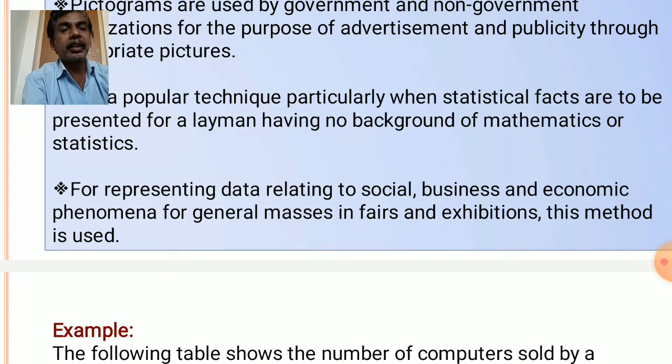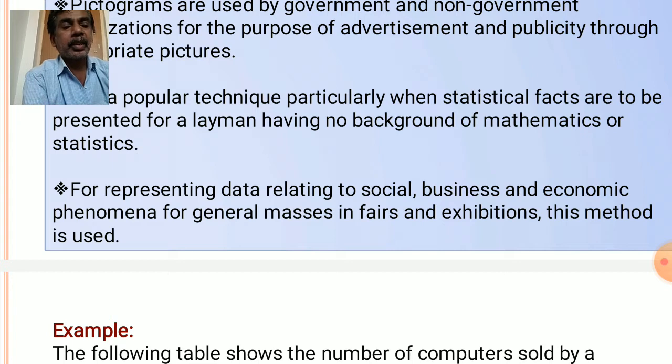Particularly for general masses, where a large number of people are involved in programs like business exhibitions, workshops, seminars, conferences, or social, business and economic phenomena, this type of statistical tool can be used for showing data about the various programs, for the purpose of advertisement, for creating awareness among the people, and for making publicity.